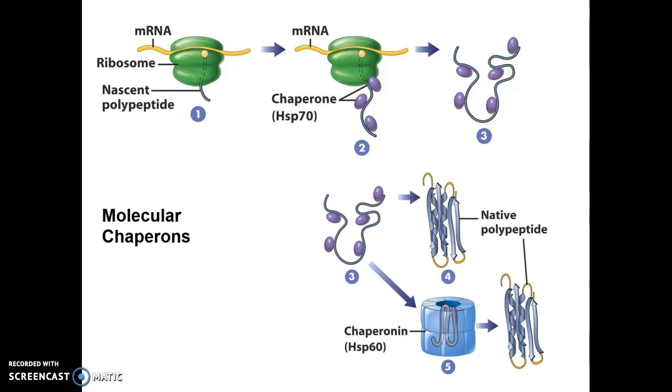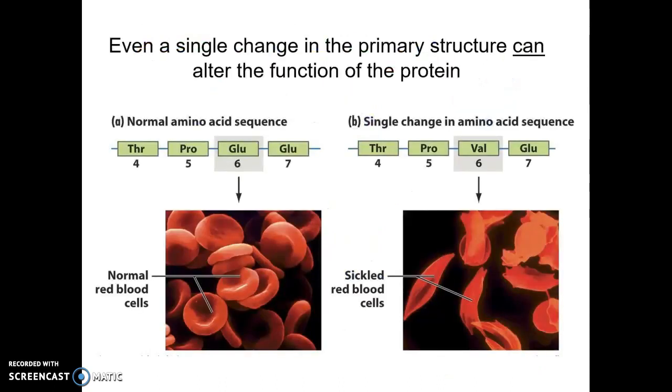And so we keep doing this: chaperone protein, try to refold it, chaperone protein, try to refold it, until it gets refolded. If the protein never gets refolded, then the cell might have some really consequential problems.